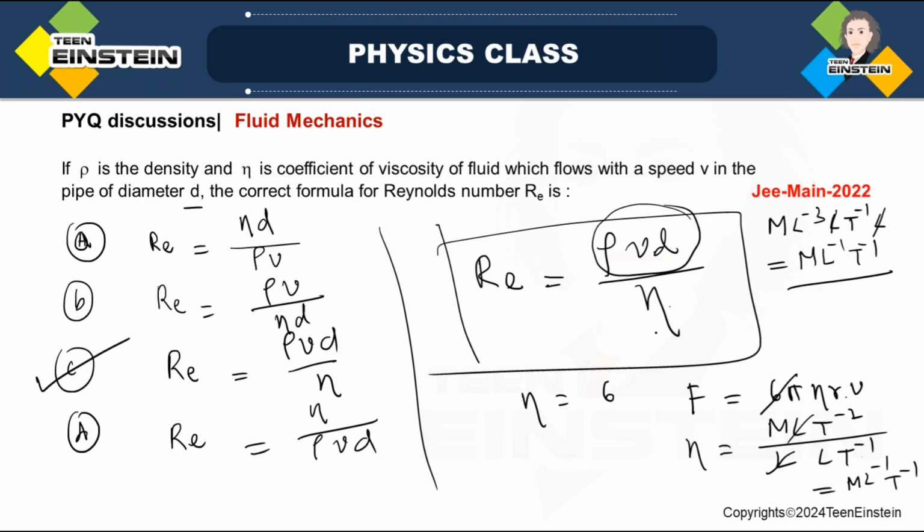So these two should give the same dimension. Again, one more thing: this is also a dimensionless quantity in this case, but for that case you have to remember that rho v d will be in the numerator and eta will be in the denominator.